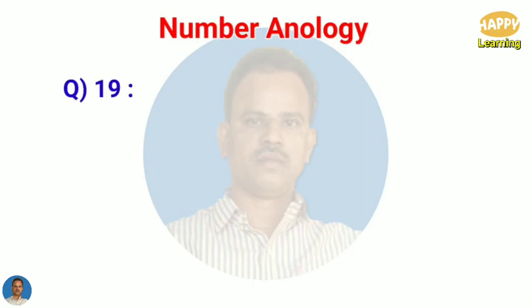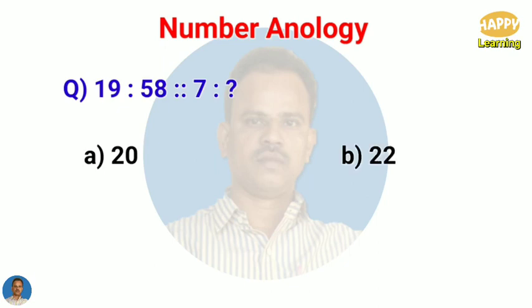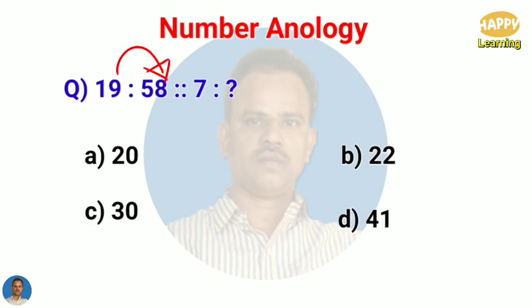Next question. 19 is to 58 is same as 7 is to dash. That means 19 is related to 58 in the same way 7 is related to dash, and the options are 20, 22, 30, 41. 19 related to 58: 19 threes are 57 plus 1.